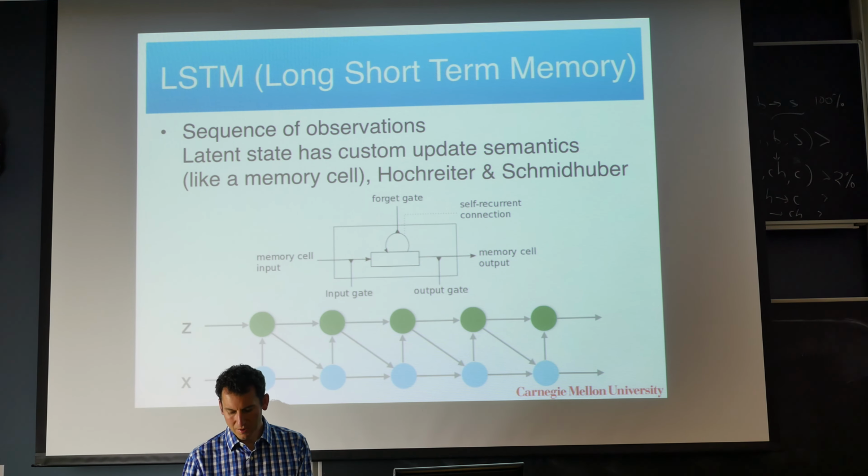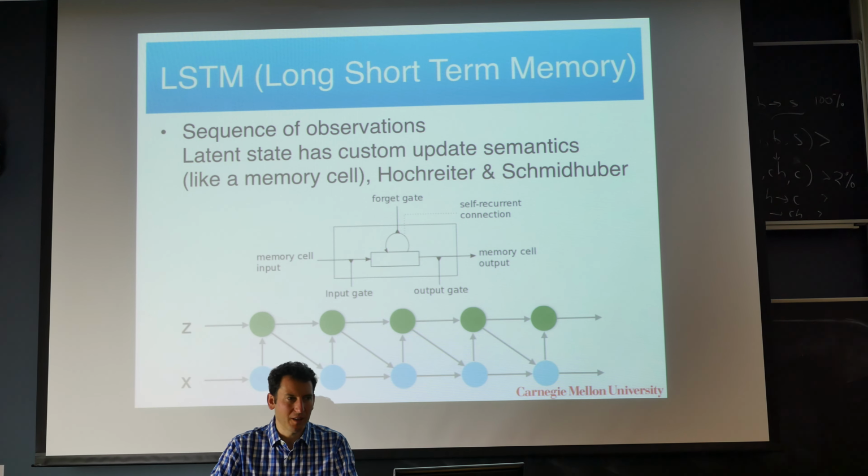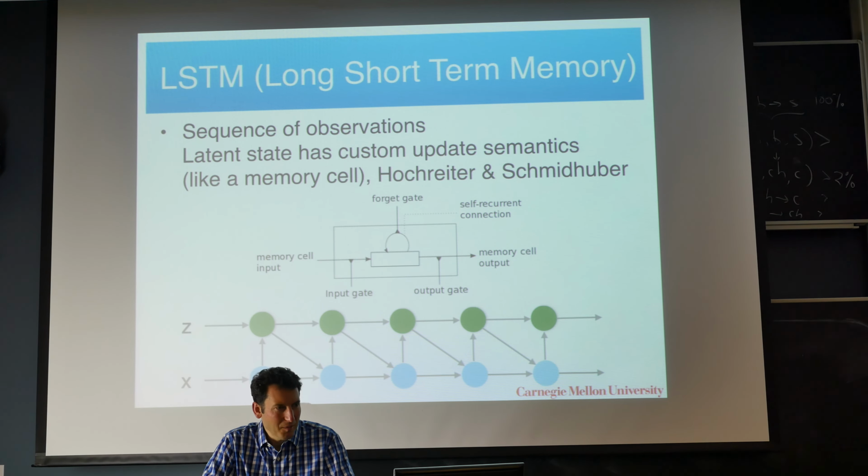So what Hochreiter and Schmidhuber did, this would be about 24, 25 years ago, and I think it was actually a master's thesis of Sepp Hochreiter at the time, was basically say, well, let's go and design something that behaves like a memory cell in a circuit.